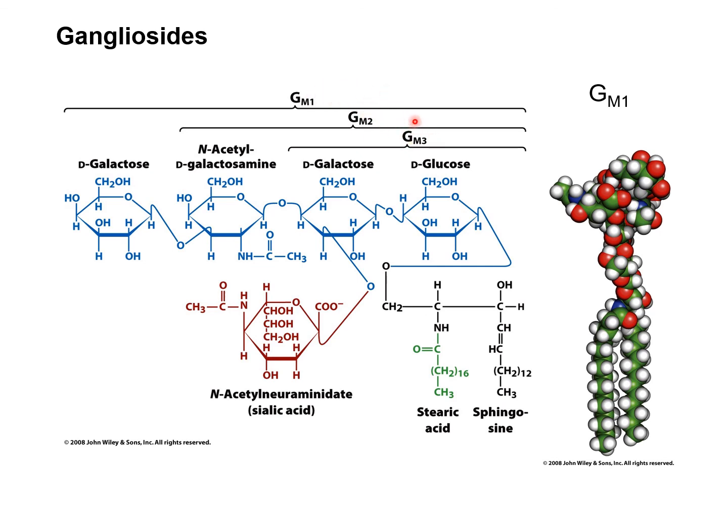GM3 is the smallest one, containing only galactose and glucose, as opposed to GM1, which is the biggest one, containing 4 different sugars attached to make the oligosaccharide.